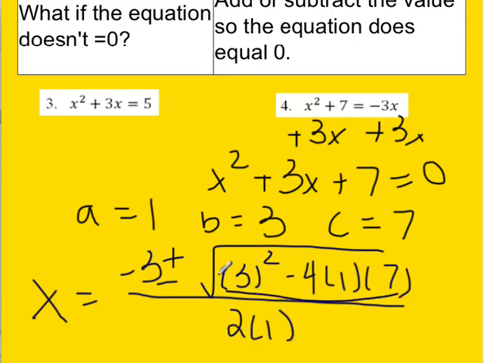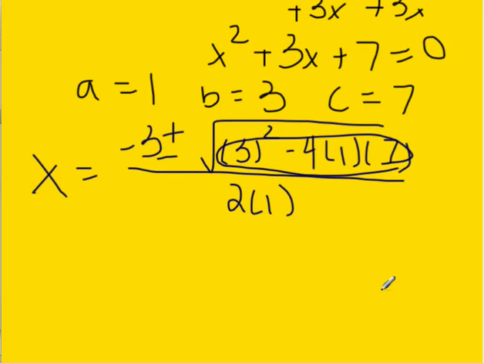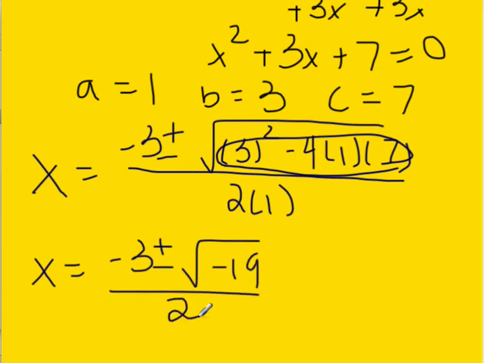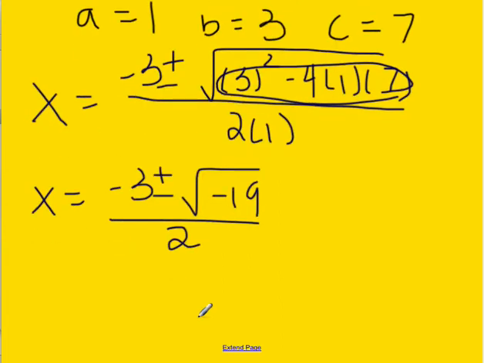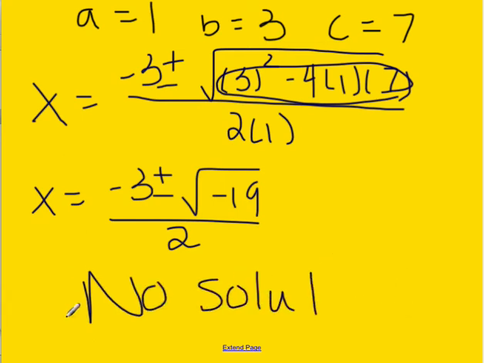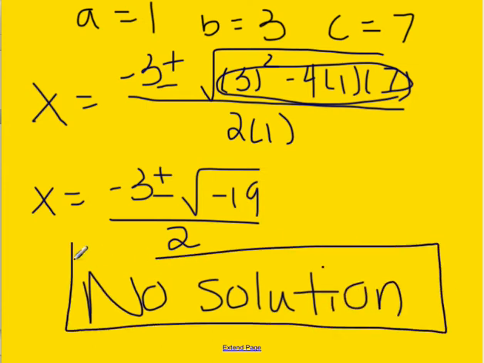Again, I want you to simplify what's underneath the radical first, typing that exactly into your calculator. When you do that, you end up with plus or minus the square root of negative 19 divided by 2. Now remember, whenever you have a negative under a radical, that can't happen. So that means that for number 4, we have no solution. Our final answer for number 4 is no solution.